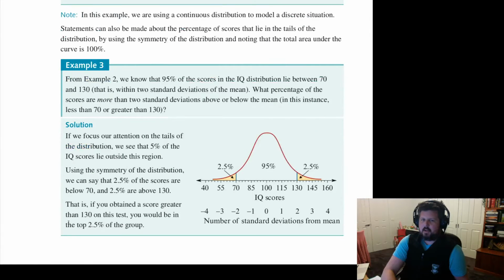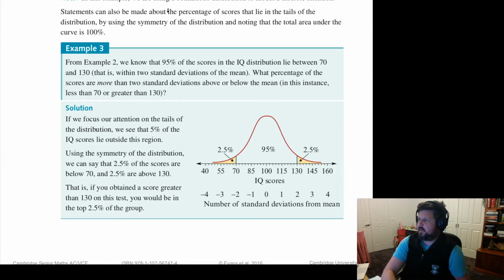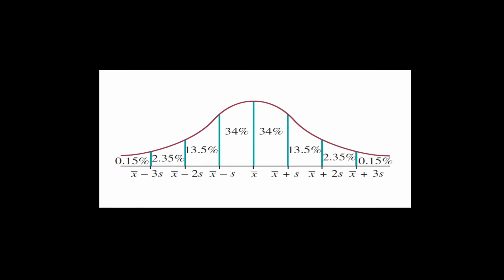Next thing that you need to know is that statements can also be made about the percentage of scores that lie in the tail areas of the distribution. And that's by using the symmetry of the distribution, noting that the total area under the curve is 100%. So as we said over here, you've got the 68%, the 95%, the 99.7% rule.